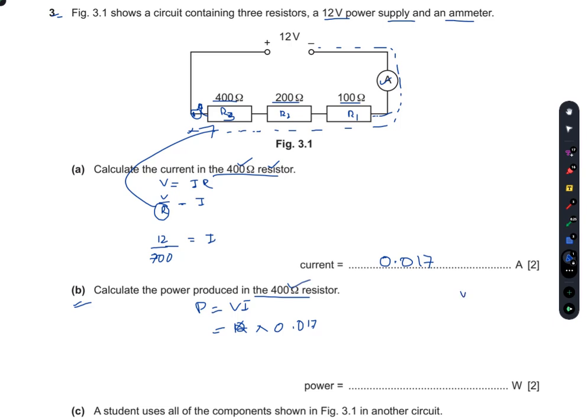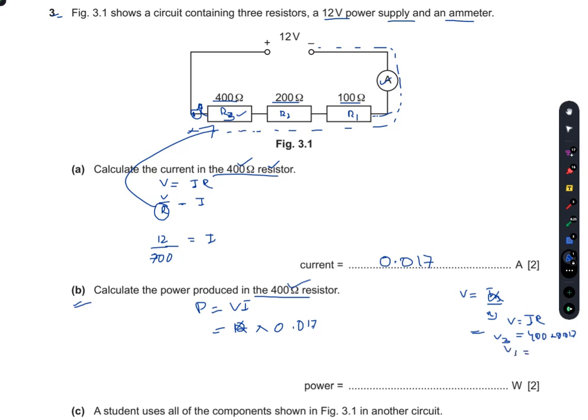So first of all, I will have to find the voltage, which is equal to I3 times R3. This is the R3, and I also call this I3. V is equal to IR, so I multiply the both. So I multiply 400 with 0.017 to calculate the voltage across the third resistor, which is R3.